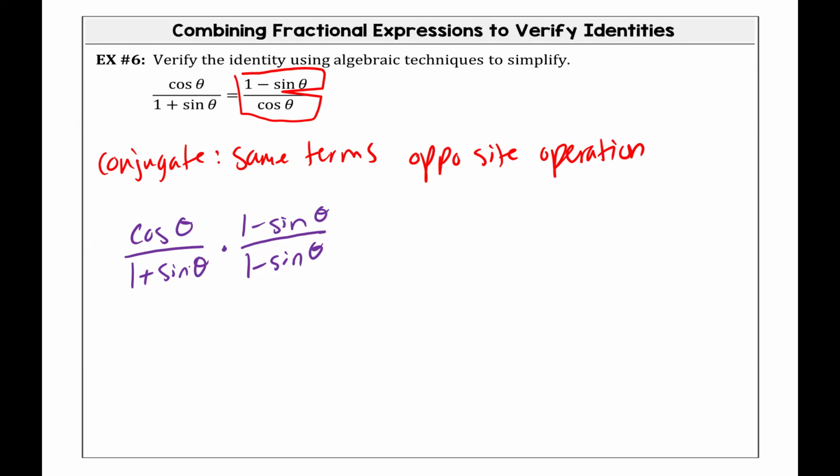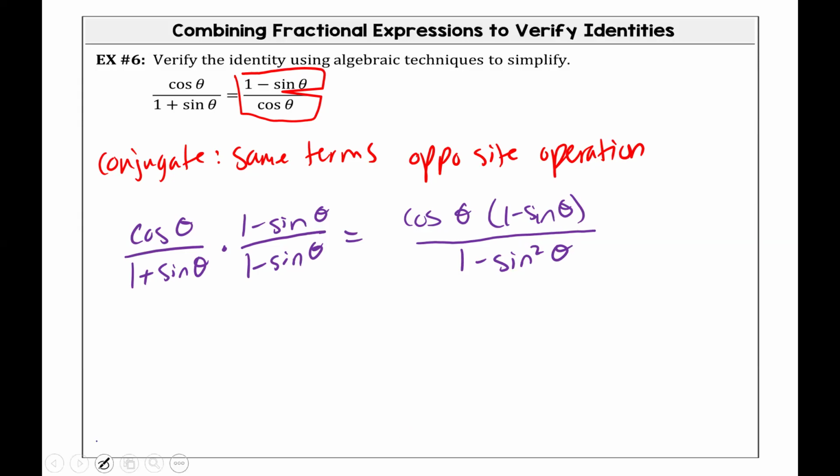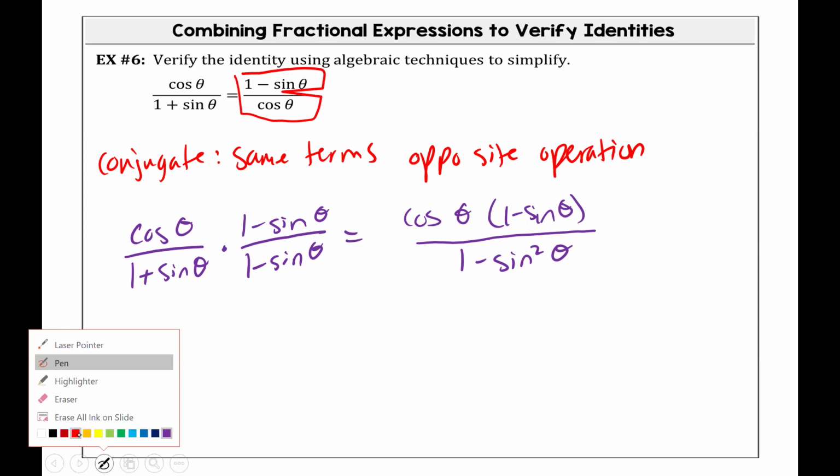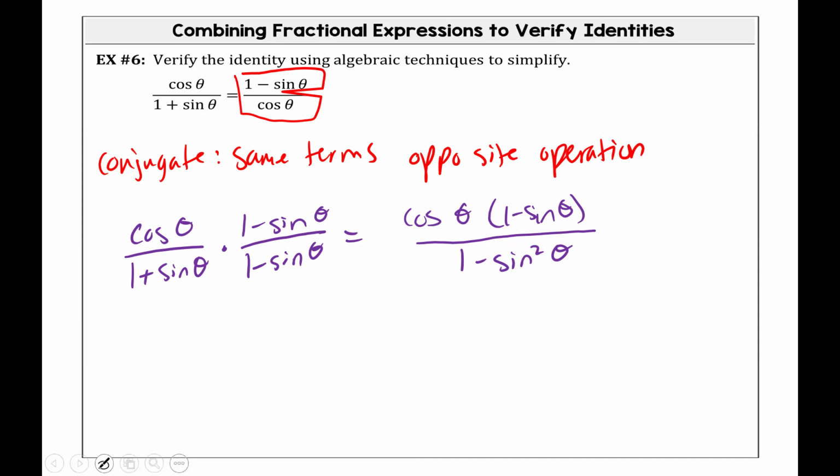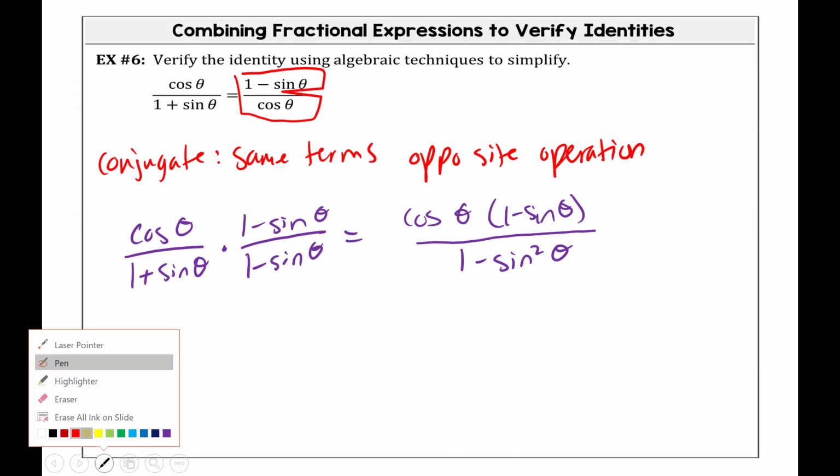So when we multiply this, this is going to become cosine theta times 1 minus sine theta over, and this difference of 2 squares becomes 1 minus sine squared theta. Remember I told you all that the Pythagorean identities can be manipulated, right?